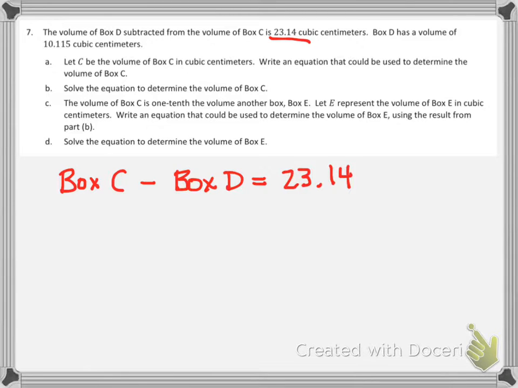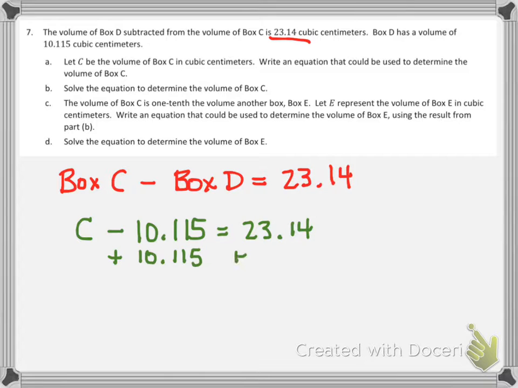23.14 cubic centimeters. And they told me what the volume of box D was, so I'm going to substitute that. I'm going to say that C minus box D, which they told me was 10.115, is equal to 23.14. And then I can use algebra to isolate C by adding 10.115 to both sides.